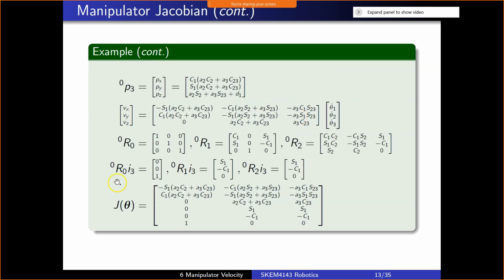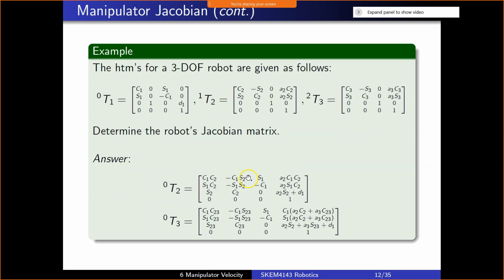So you need to compute R10 and R20. And you know that you can compute T20 by multiplying these two matrices. You can compute T30 by multiplying T20 and T32.